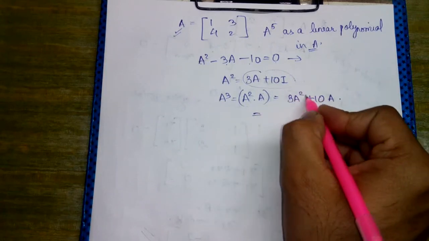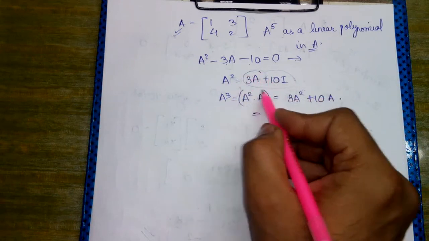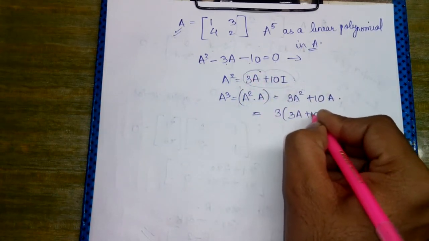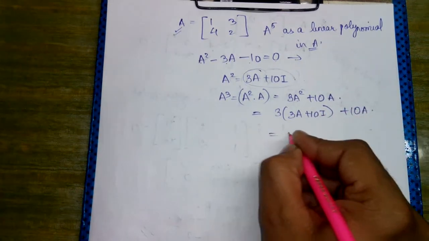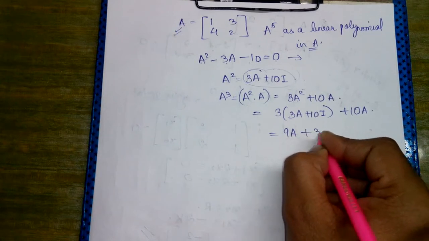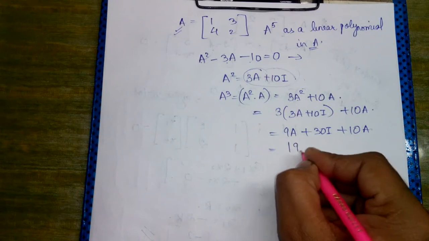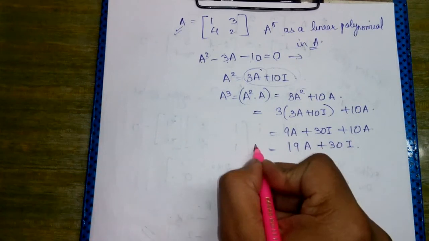Now instead of A square we will substitute 3A plus 10I. So 3 into 3A plus 10I plus 10A, we will get 9A plus 30I plus 10A, we will get 19A plus 30I. This is the value of A cube.